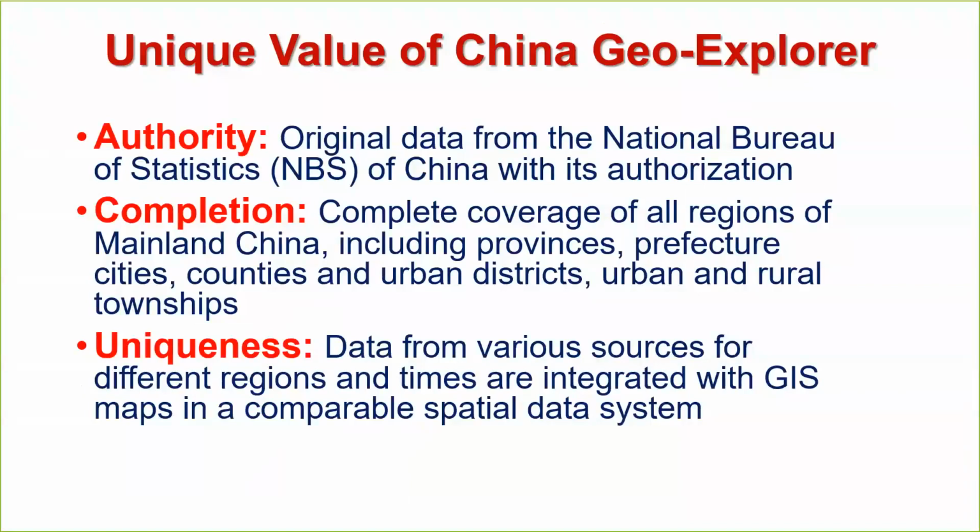There are about 32 provinces and more than 300 prefecture cities, more than 2,800 counties and urban districts, more than 60,000 townships in the 2000 population census, and more than 50,000 townships in the 2010 population census. That's different from any paper publications.